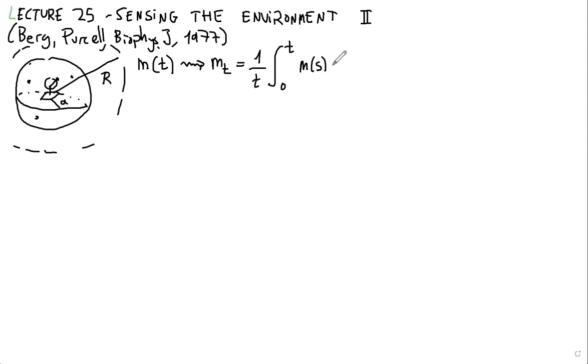m of s ds. Okay, be careful that here it's not the same m sub t as m at t. This is like taking a photograph at time s and counting all the molecules that are at time s. And this one is a summation over a set of photographs from 0 to t and dividing by t.